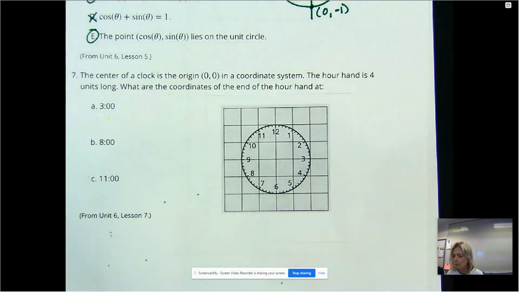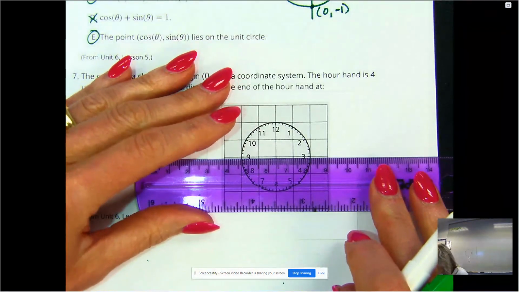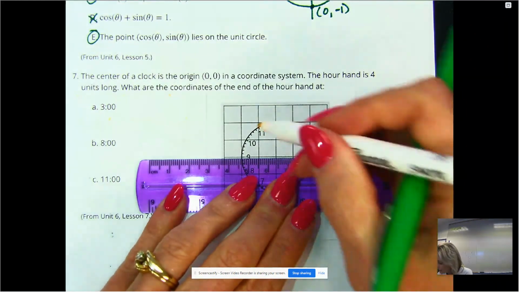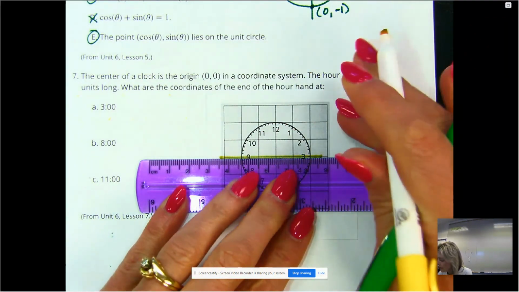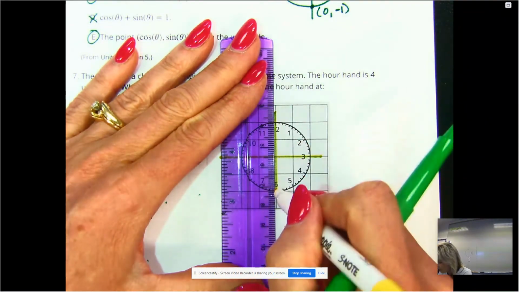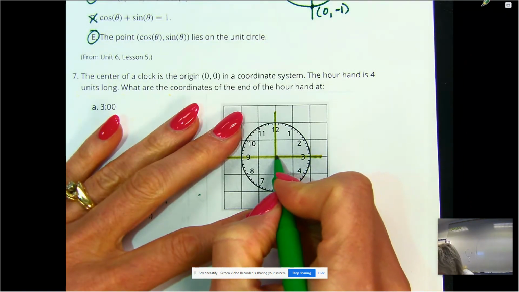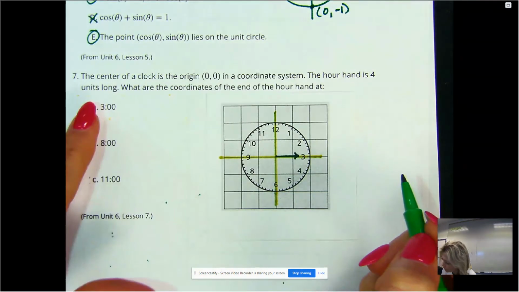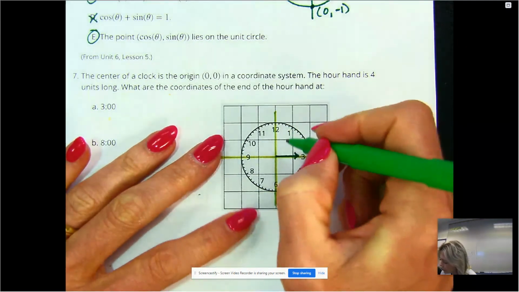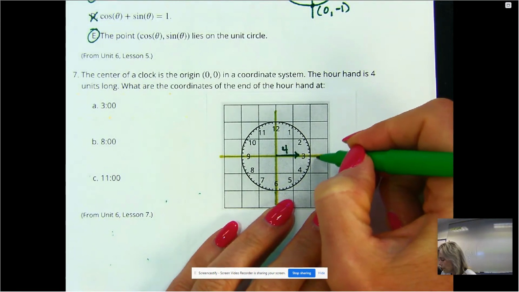All right, so one more time, here's a little circle. And I'm going to go ahead and highlight the X and Y axis. This makes it easier to figure out what we're talking about. Okay, what are the coordinates at 3 o'clock, knowing that this is 4 units long? Okay, so at 3 o'clock, this is at 0.